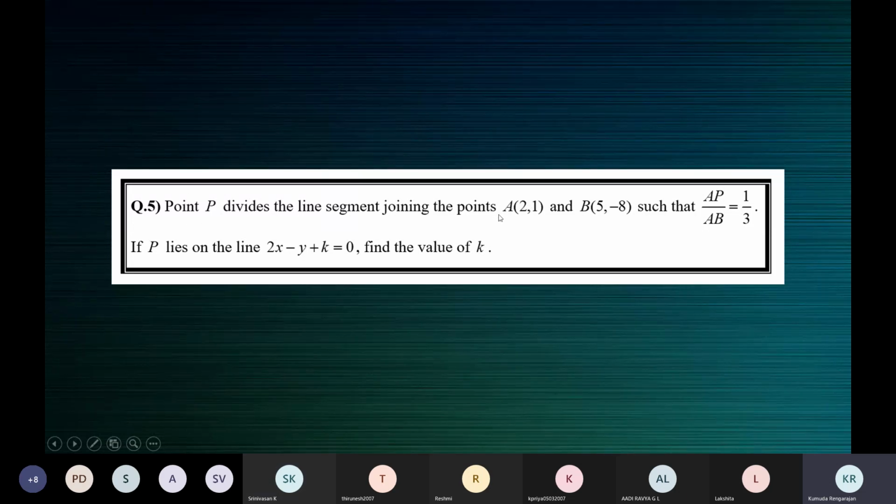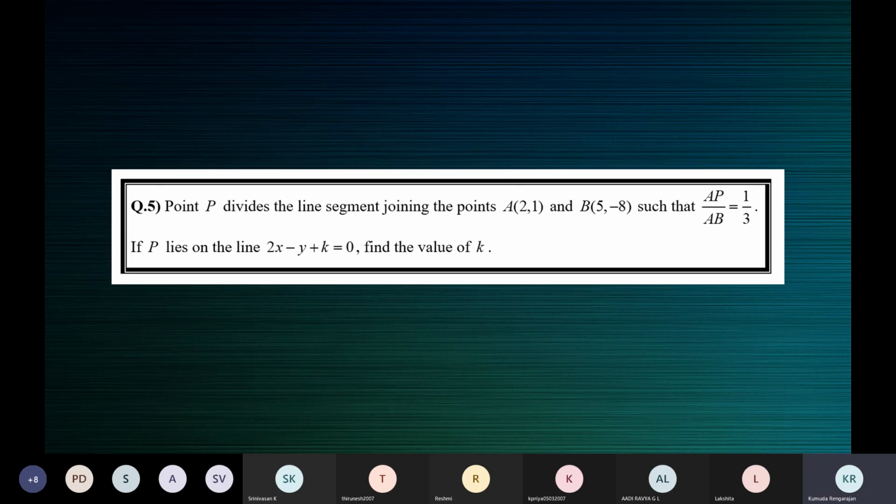Draw a line segment AB, mark all the information given. Find the coordinates of P. Take a line segment, one end A, the other end B. Write the coordinates given.